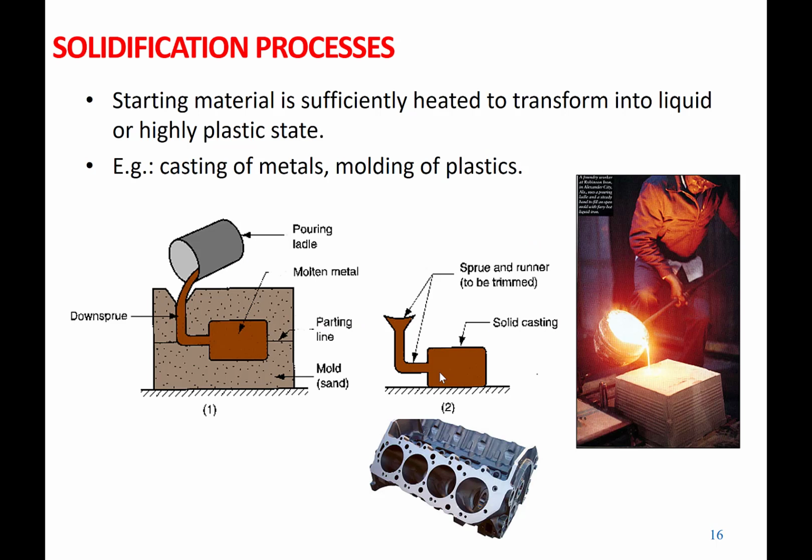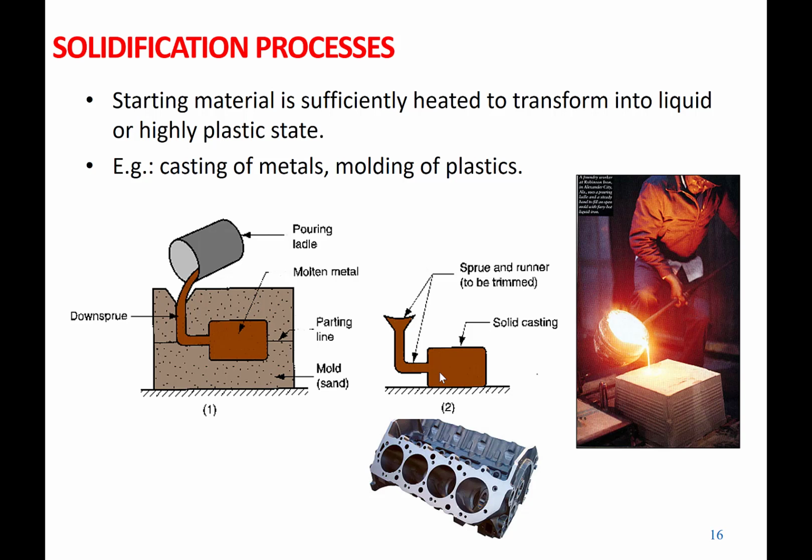So in the last lecture I talked about four or five manufacturing processes. Those were like primary forming or shaping processes, which involved powder metallurgy, forming and casting. Then there was a material removal process, which was machining.